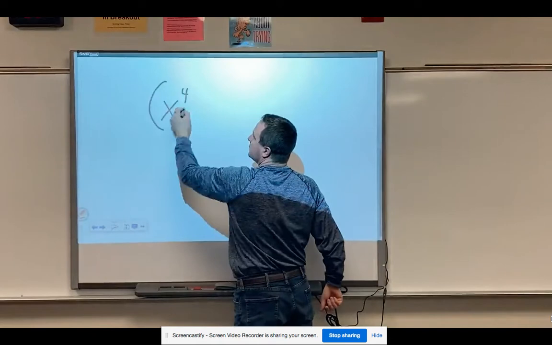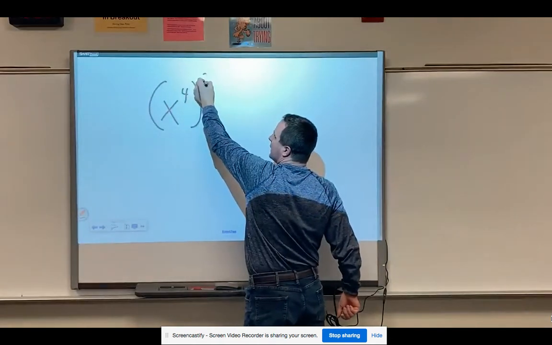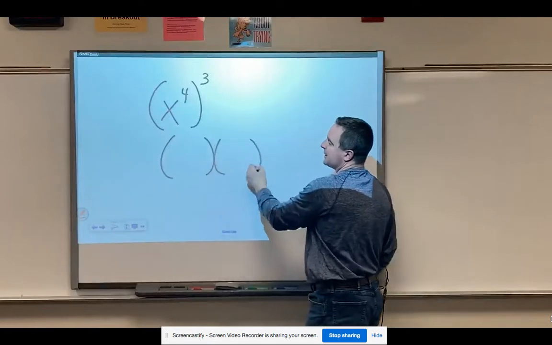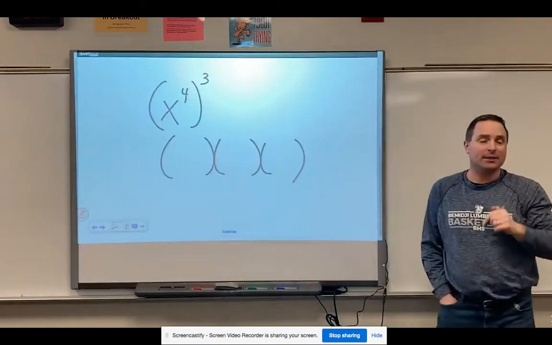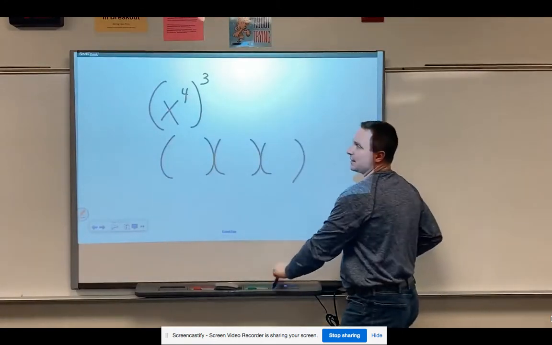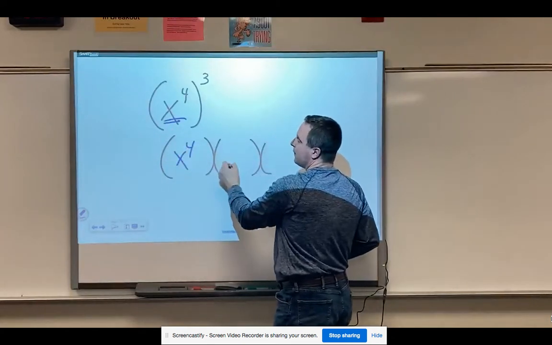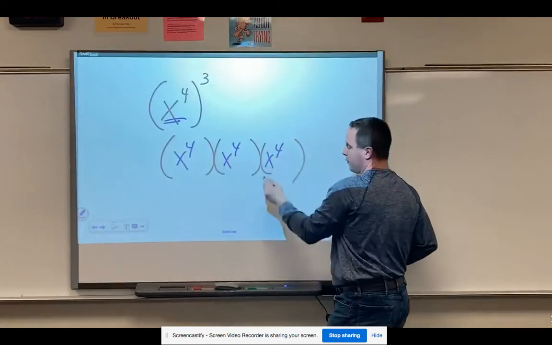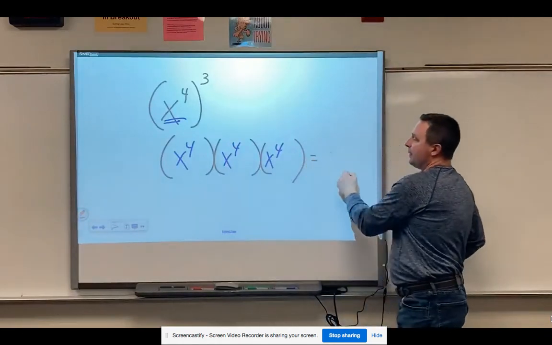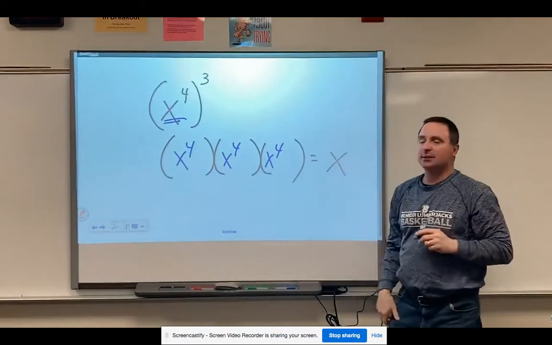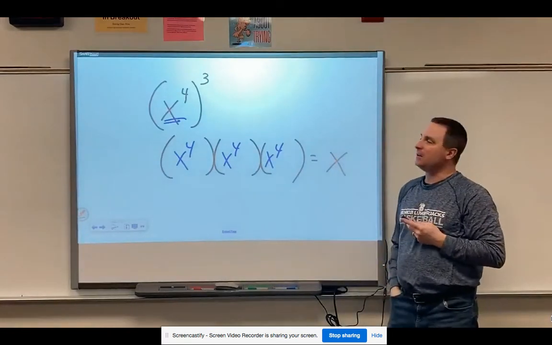How about this guy? X to the 4th, and I'm going to cube it. Okay? Well, this tells me I'm going to have something multiplied together 3 times. That's what cube means. And what's on the inside of the parentheses that's going to get multiplied together 3 times? X to the 4th, x to the 4th, x to the 4th. And without writing out 4 x's and 4 x's and 4 x's, we can use that little rule that we talked about just a minute ago.